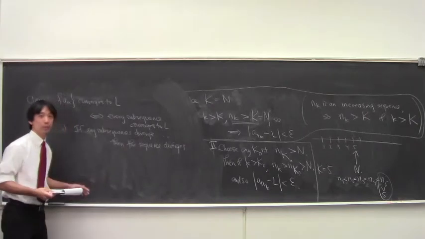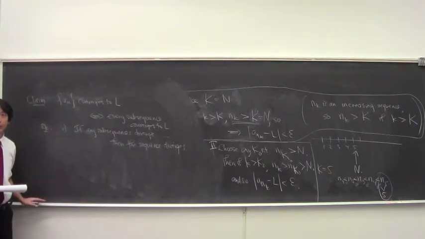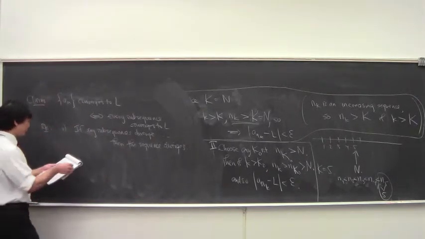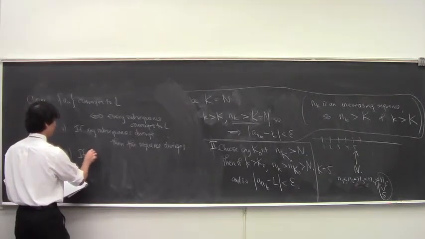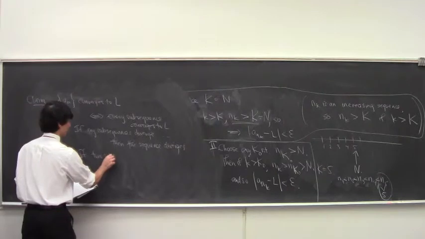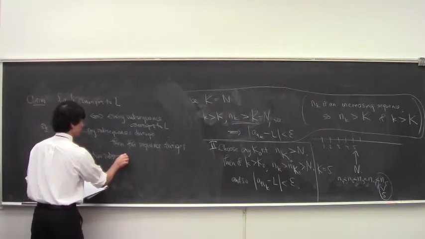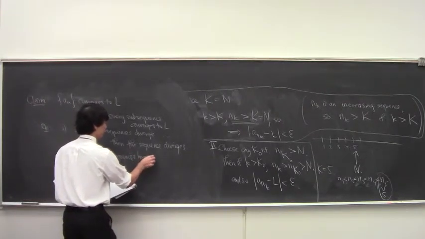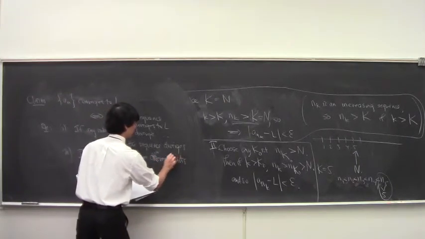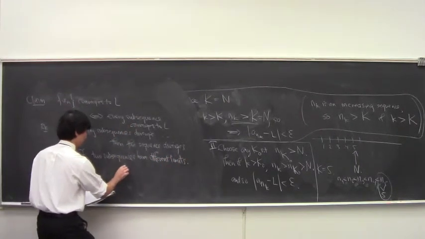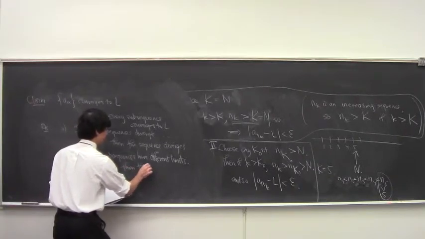Because convergence would ensure that every subsequence converges. Another consequence: if two subsequences have different limits, then the original sequence diverges.